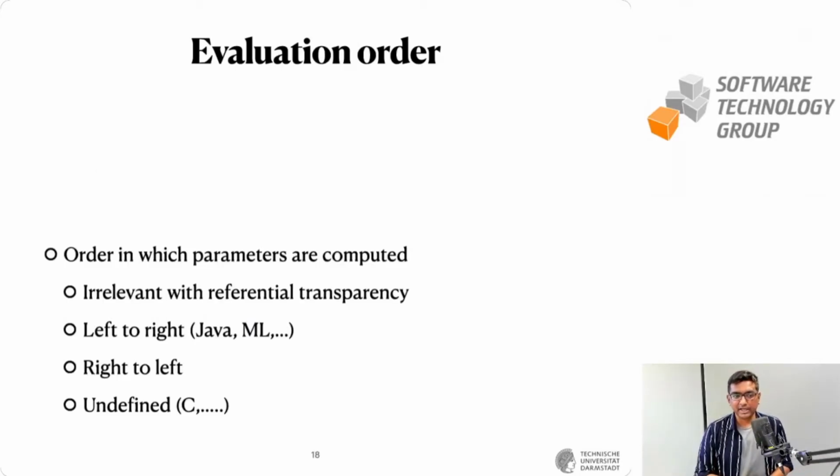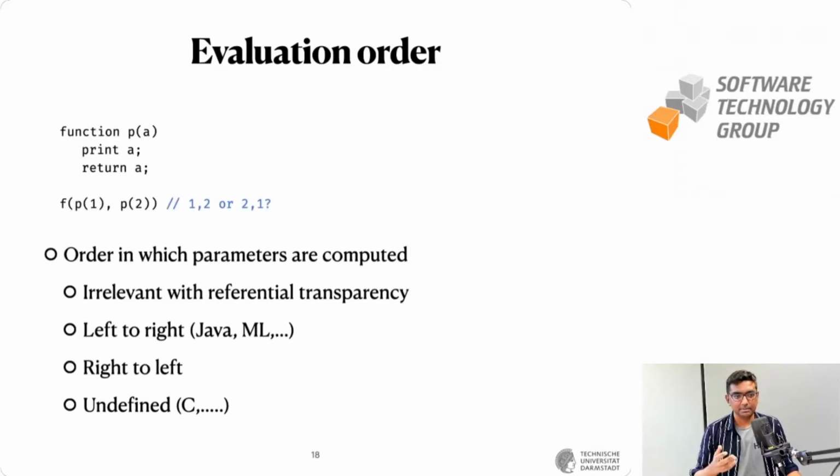What we have to worry about here is also the order in which these values are evaluated. For example, take this function p of a, which simply prints a and then returns a. Now, what happens when you invoke f with p of 1 and p of 2? Is it going to print 1, 2 or 2, 1? This depends on in which order the functions are evaluated.